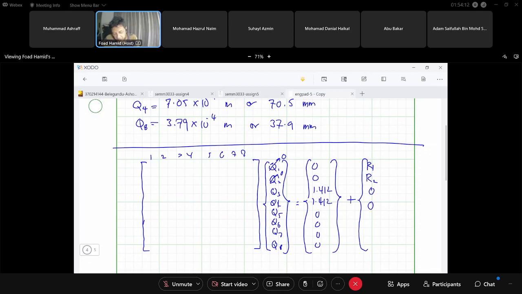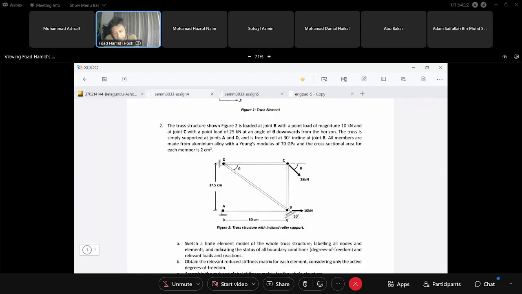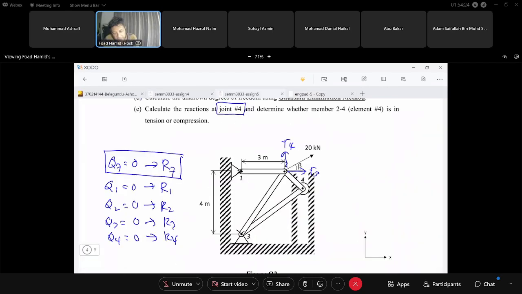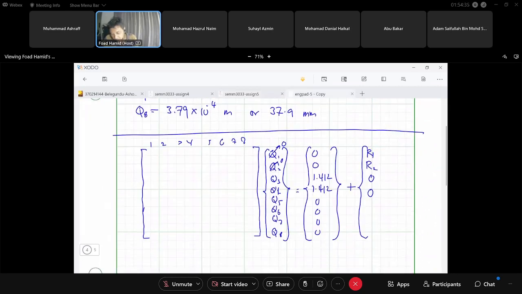Q5 and Q6 is also not a boundary condition, sorry, double check. Q4 and Q5, it's not a boundary condition. So now this is again 0, and 1, 2, 3, 4, 5, and 6 are 0.